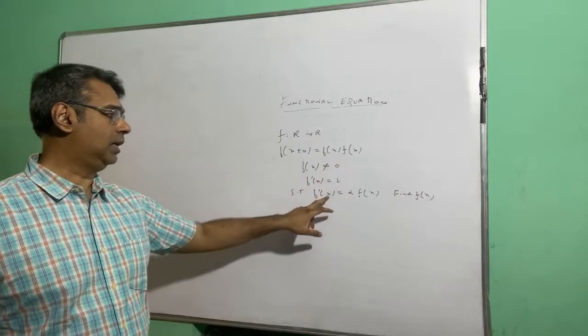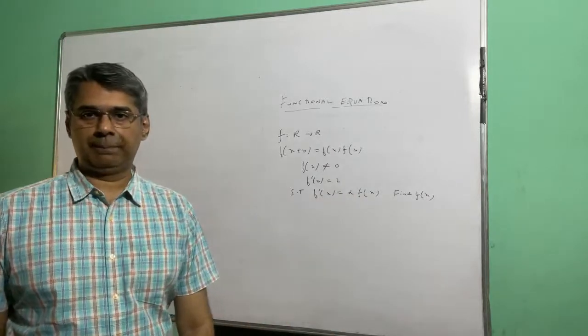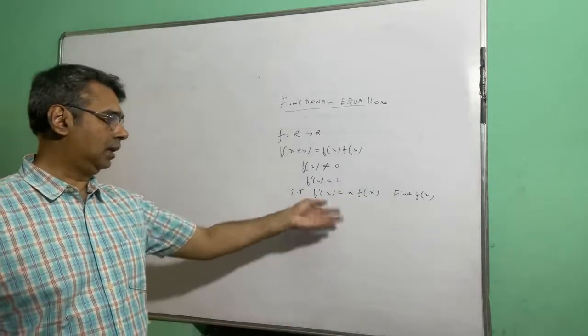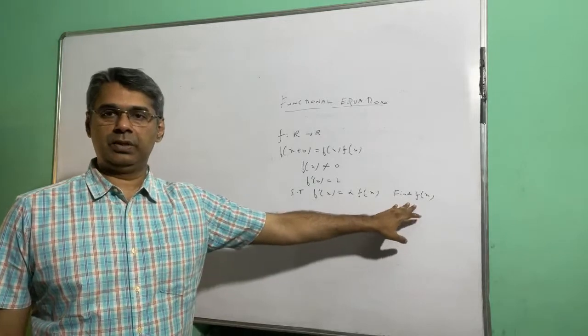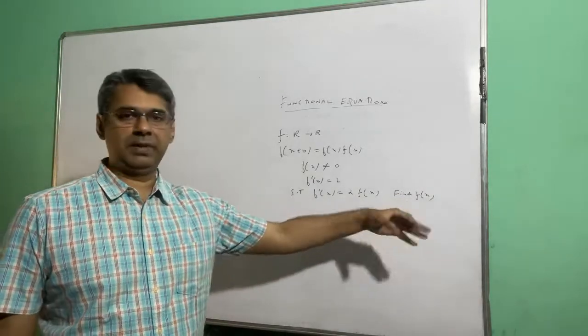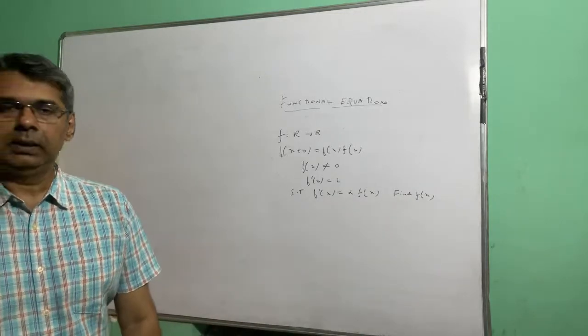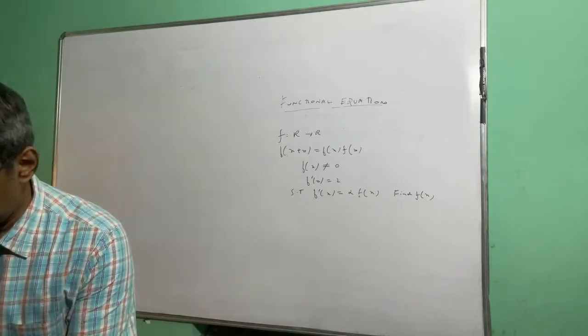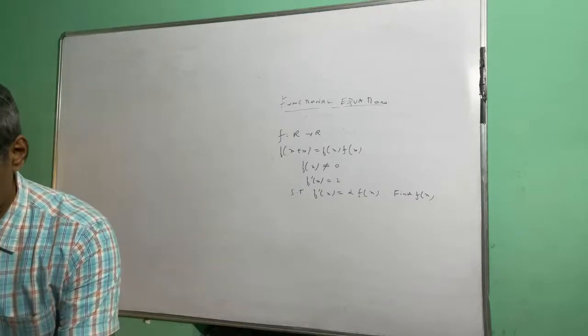You have to show that f dash x is twice fx. After that, the next part of the question is you have to find fx. So first you have to show that f dash x is twice fx, and then find fx. So let us see how to do this question.